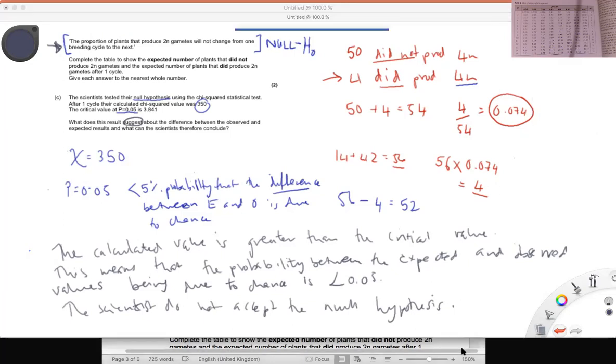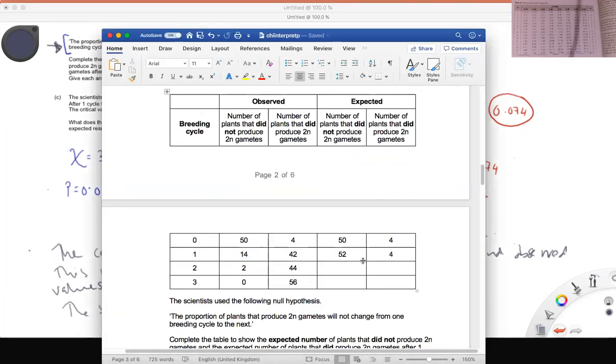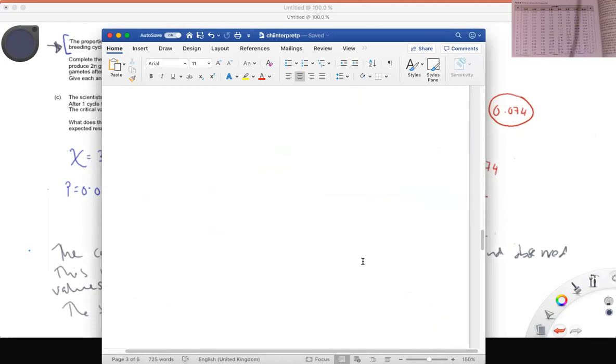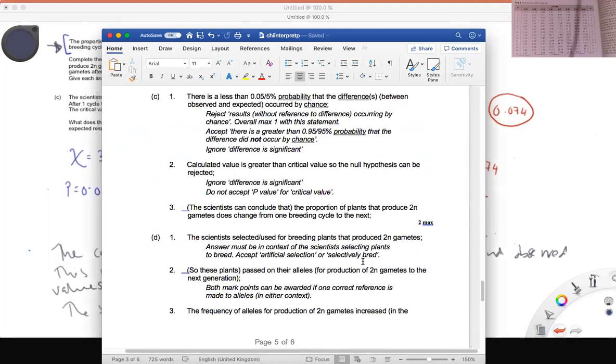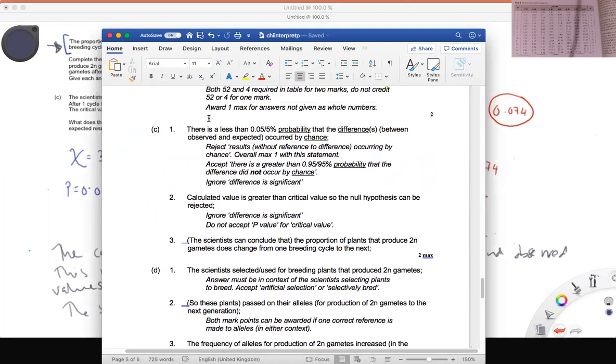If we have a look at the mark scheme for this, let's scroll down and see what they say. And they say, there is less than a 0.05% underlying probability. Less than a 0.05 probability that the difference between the observed and expected occurred by chance.